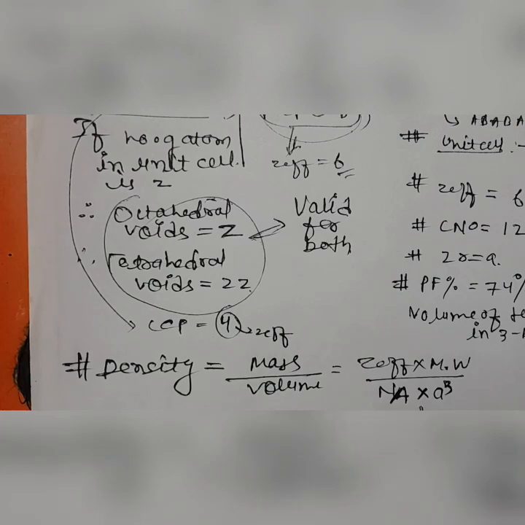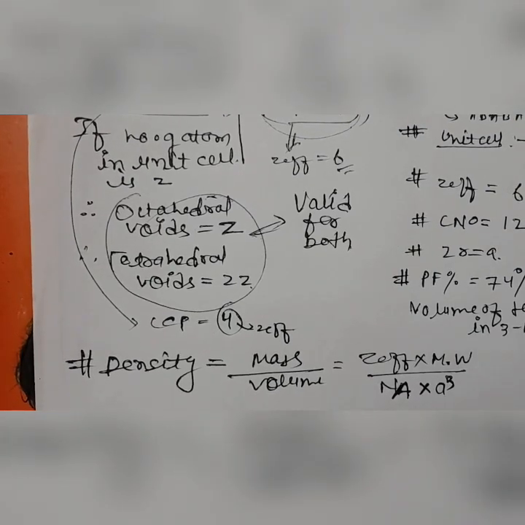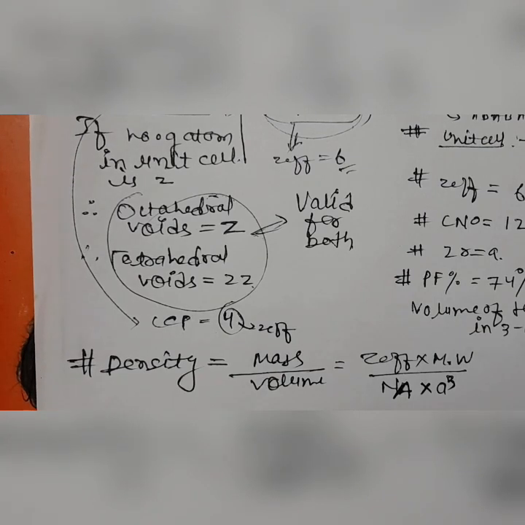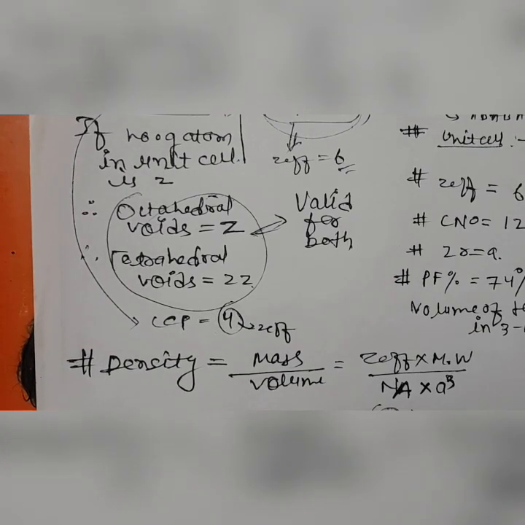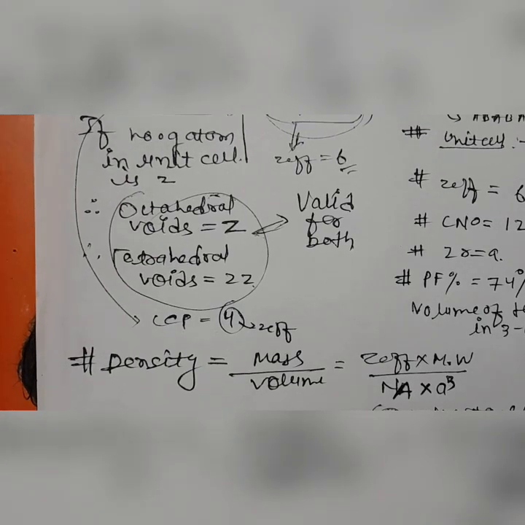How do we get it? I know that number of moles equals weight upon atomic weight, which equals N upon Na. This N is the number of atoms, which is considered as Z, the Z effective, that is the number of atoms present in the unit cell.